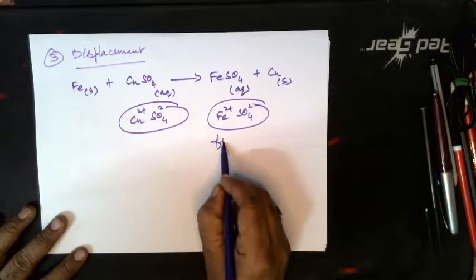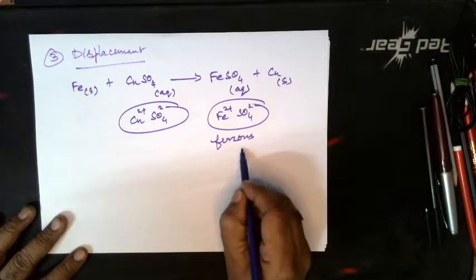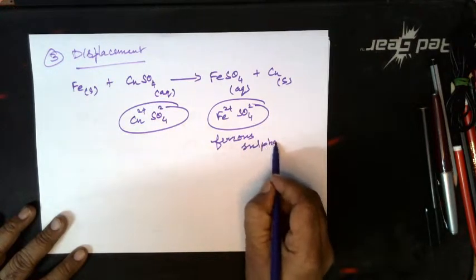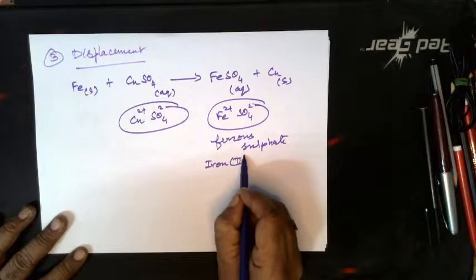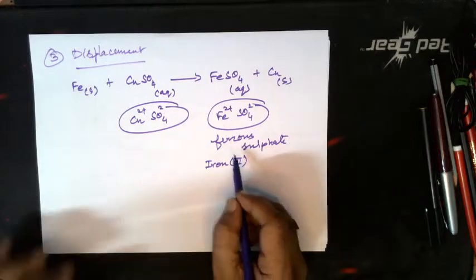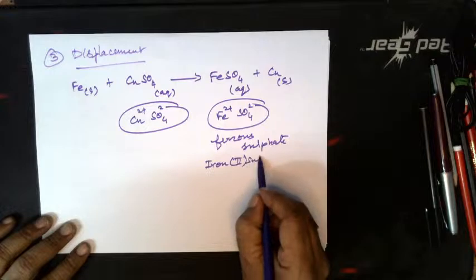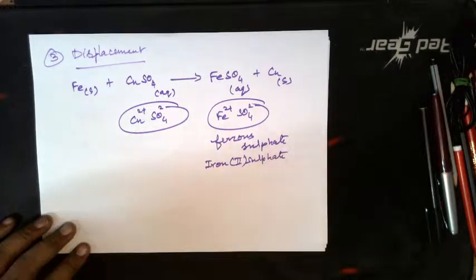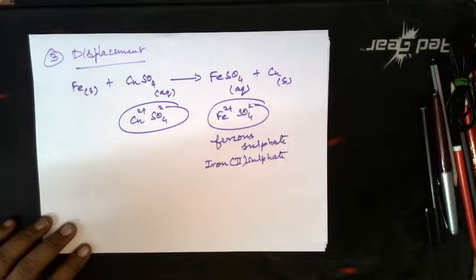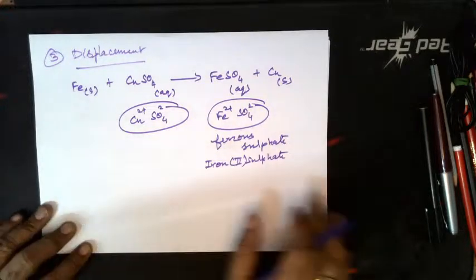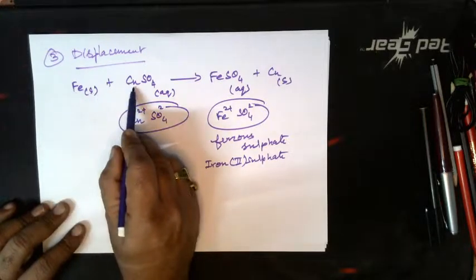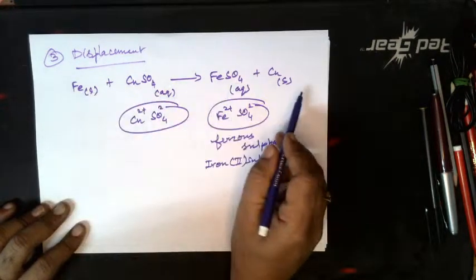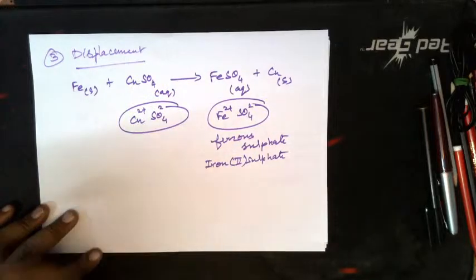You can either call it ferrous sulfate or iron with the Roman numeral 2, that indicates the oxidation state of iron. Iron 2 sulfate. Okay, right? So which replaces the copper? Iron replaces the copper, displaces the copper. So that is why it's called displacement reaction.